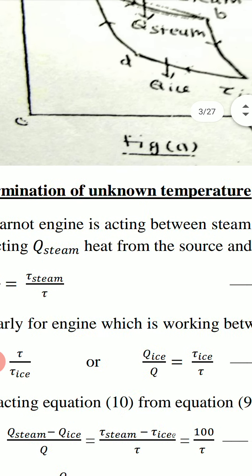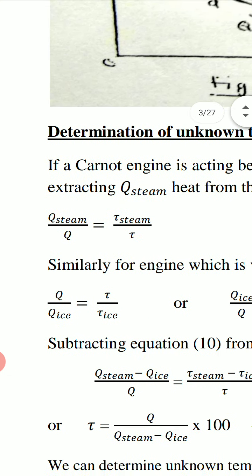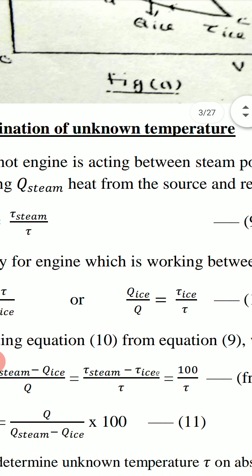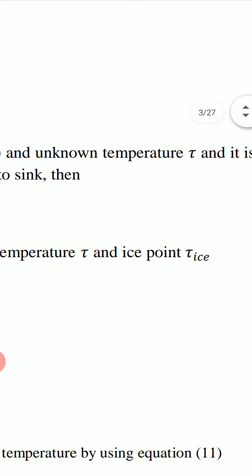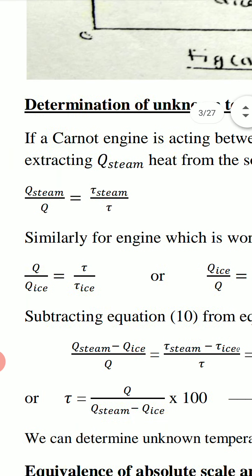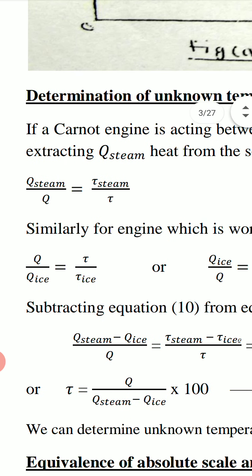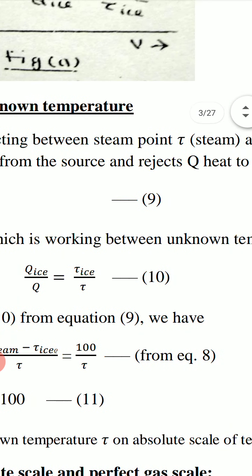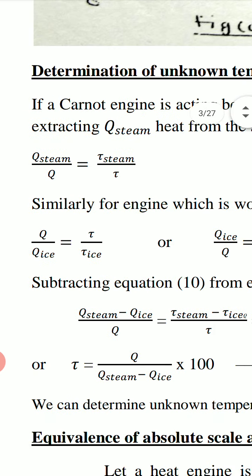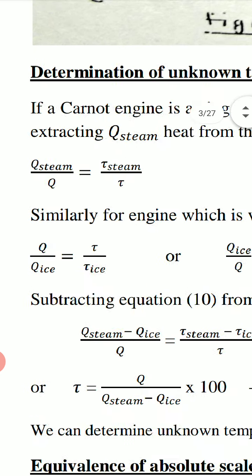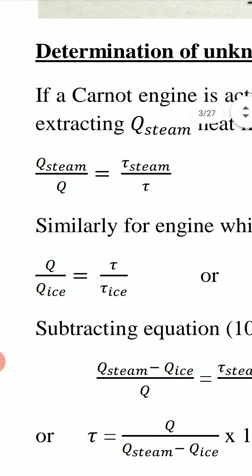Now to determine an unknown temperature, we consider a Carnot engine acting between the steam point tau steam and an unknown temperature tau, and it is extracting Q steam heat from the source and rejecting Q heat to the sink. Then we have Q steam upon Q equal to tau steam upon tau.